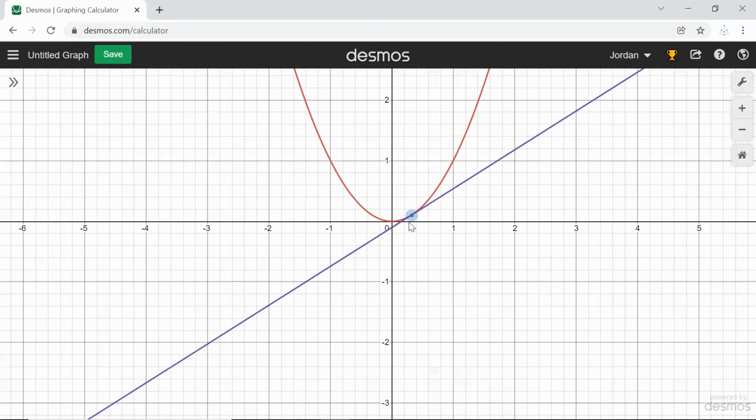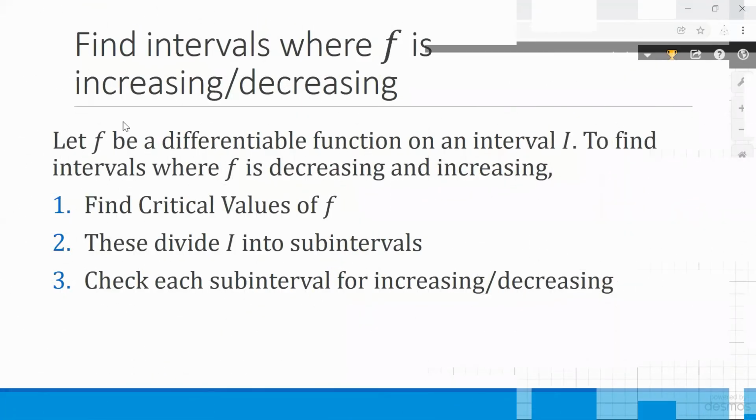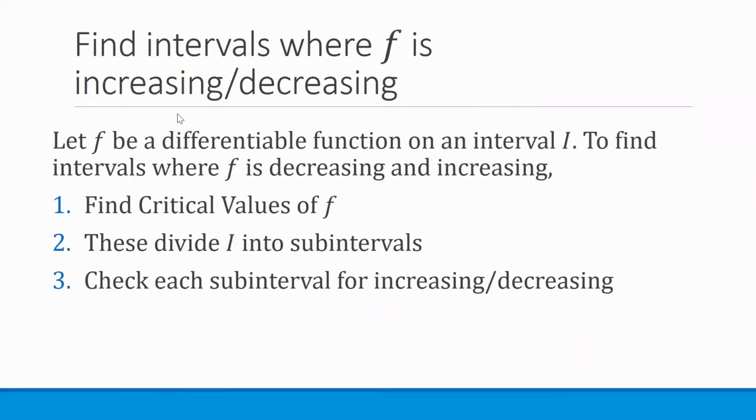Inside those subintervals, the slopes are always going to have to be positive, or always going to have to be negative. That's why this process works.